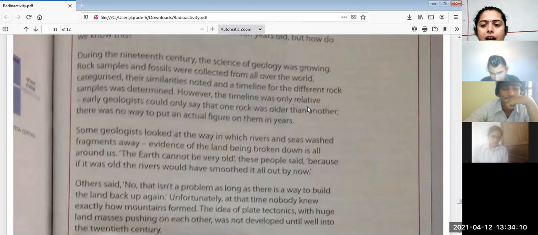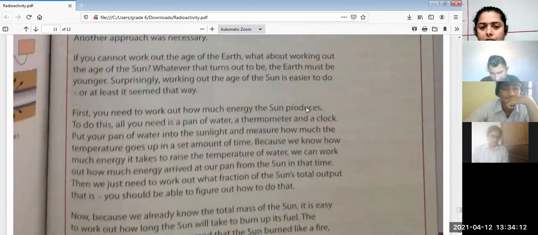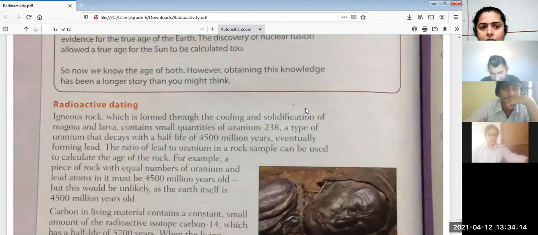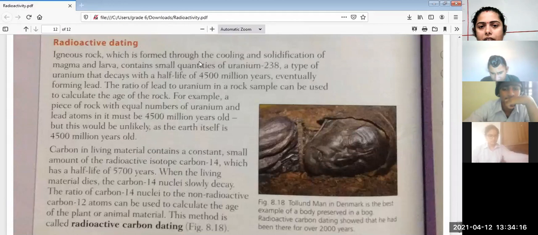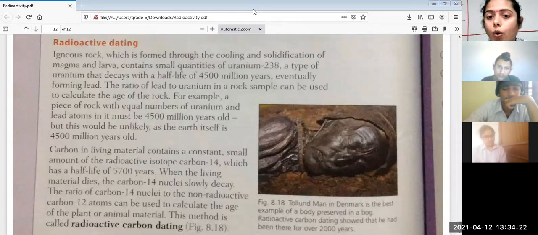Okay, with this we have done the chapter. There is one little topic at the last, radioactive dating. Radioactive dating means that when you get something, you can find out how old it is.